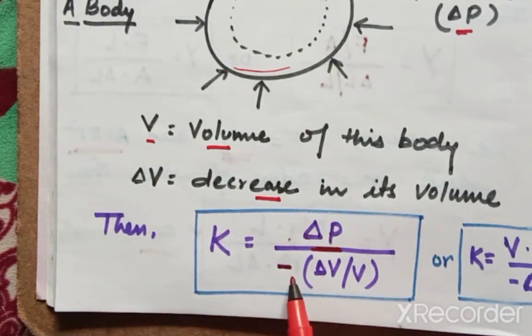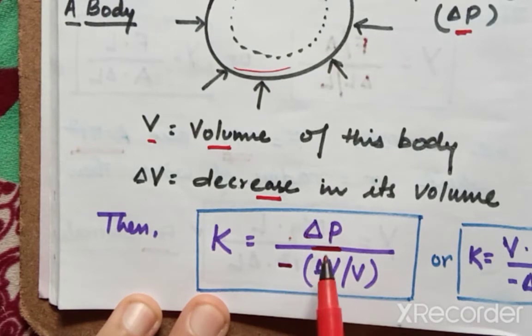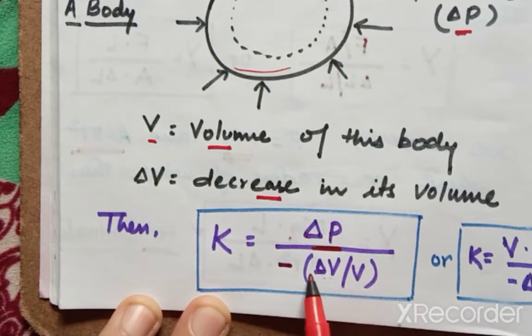The negative sign denotes that if there is an increase in the pressure, there will be a decrease in the volume. Therefore this minus sign is coming here.